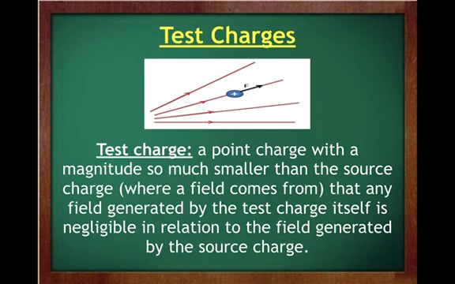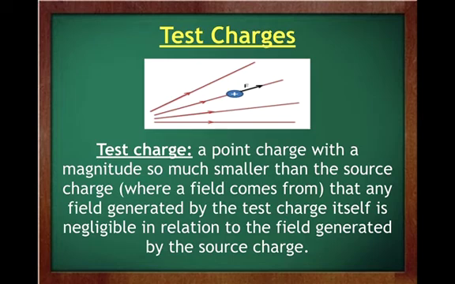In terms of the electricity aspect, if we're going to talk about other things entering the field, we can talk about something called a test charge. This test charge is a point charge, just a single point in space that has a charge and a magnitude, but the magnitude is so much smaller than the source charge where the actual field comes from that any field generated by the test charge itself is negligible in relation to the field generated by the source charge.